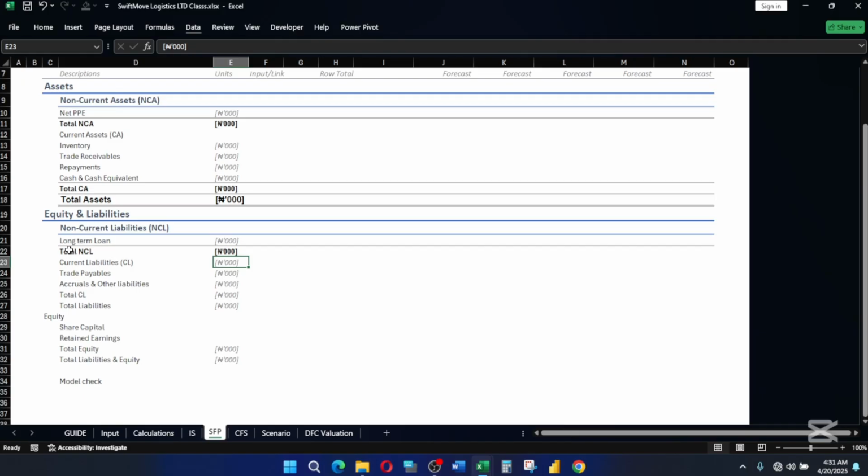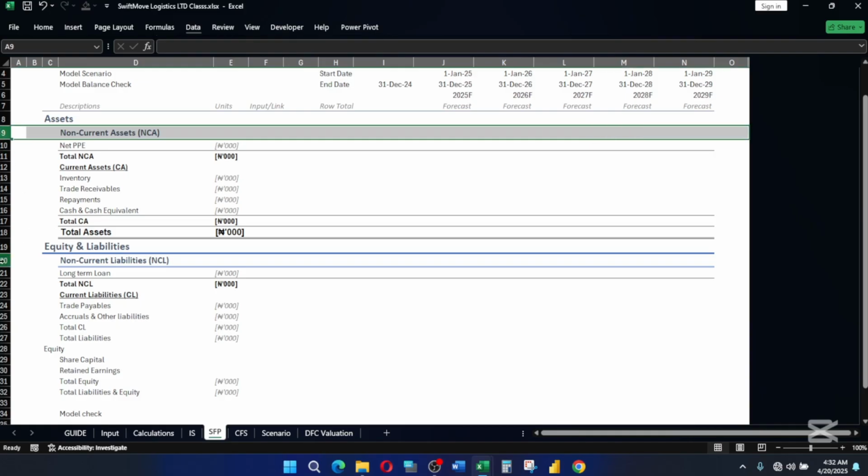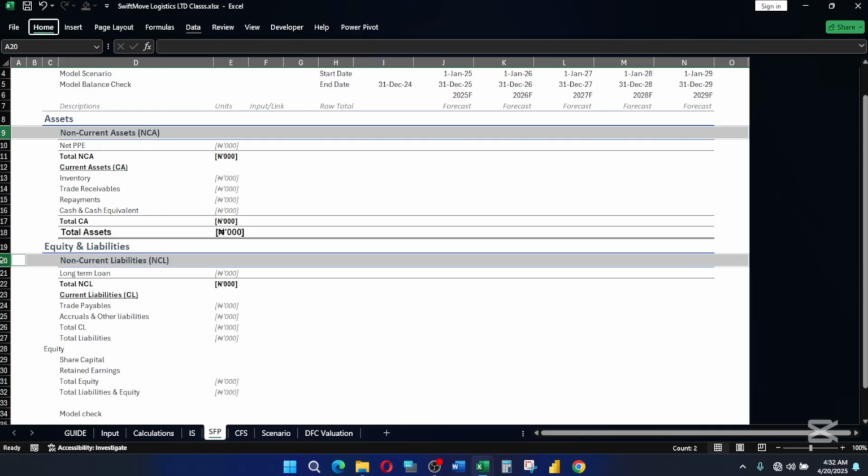Now this part of the current asset, I don't think we need anything here. So just bold this, underline it. This too, bold it and underline. If that's the case, then we don't need that formatting here. So apply this.